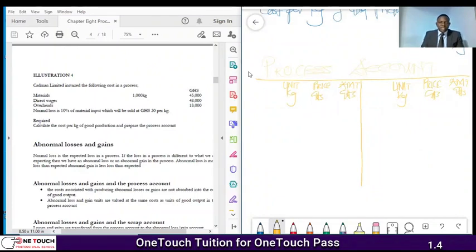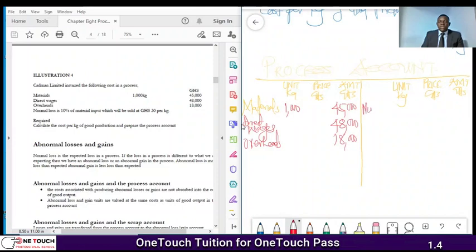Okay, so you have materials, you have 1,000 at a price of 45,000. We have direct wages of 48,000. We have overheads of 18,000. Great.